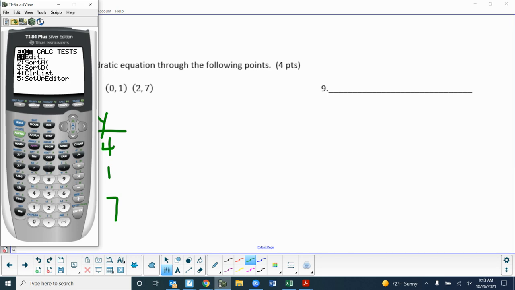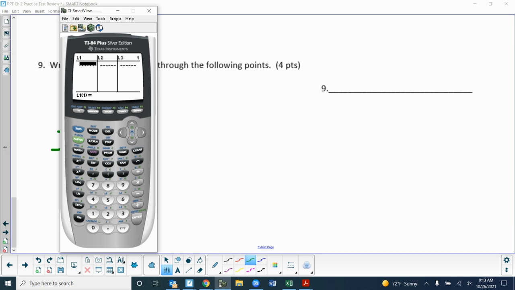So, back to edit. All right, up, clear, down, left, up, clear, down. All right, and then put those in.